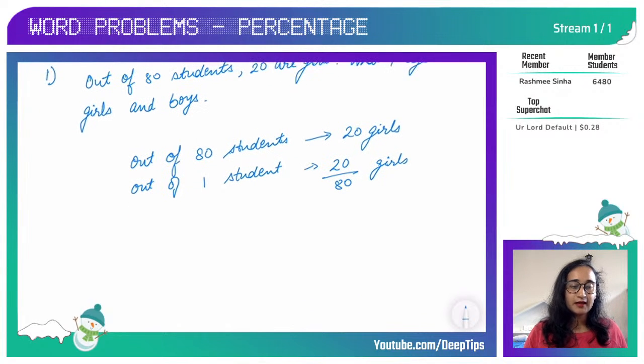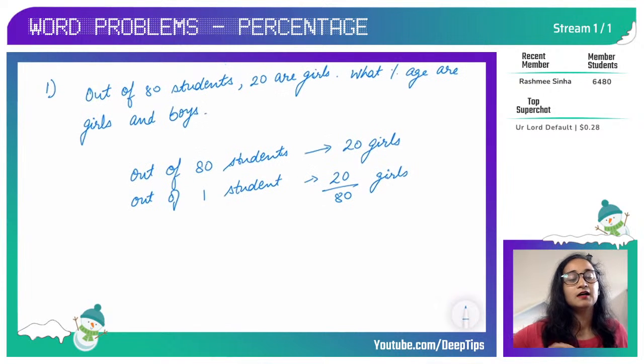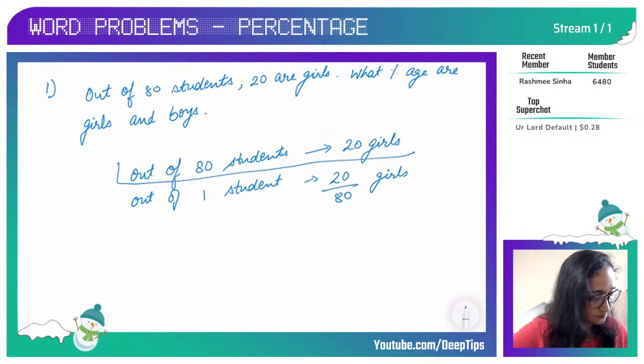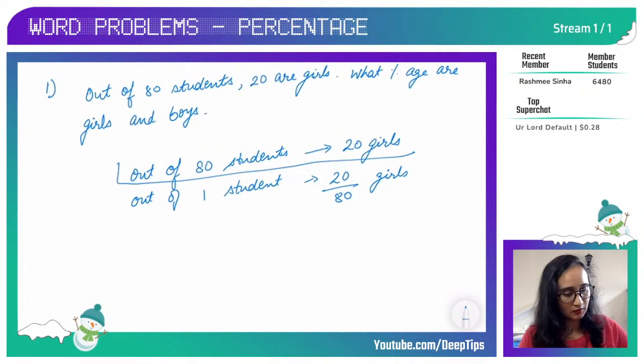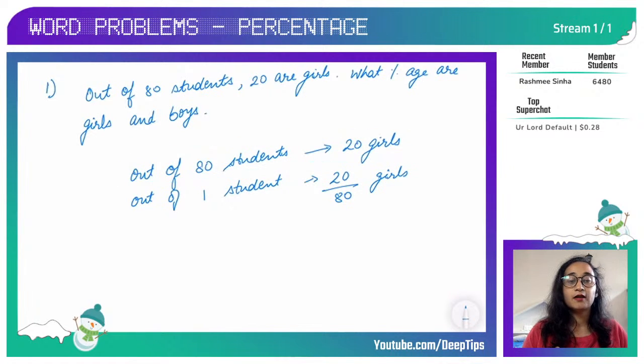Now if I have 100 students, because percentage means out of every 100, this information was given to me, that out of 80 students there are 20 girls. So for every one student, I have 20 by 80 girls in fractions.